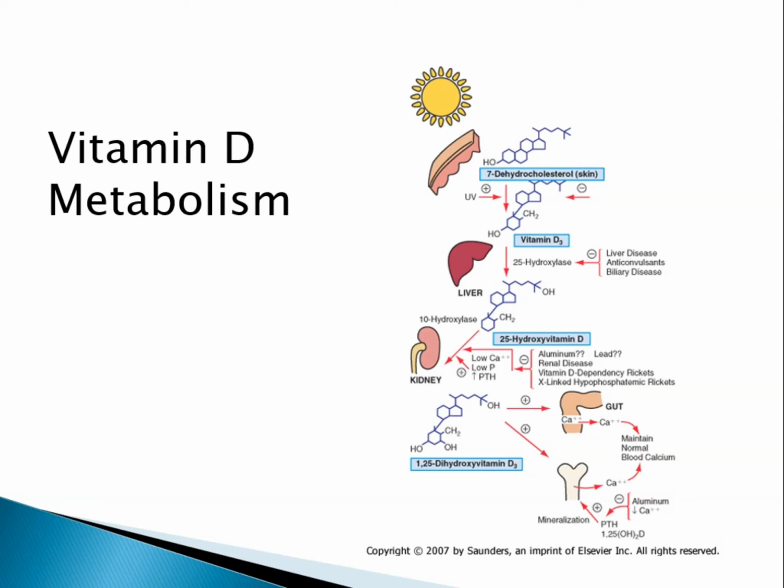metabolized in the liver by the enzyme called 25-hydroxylase, which converts it into 25-hydroxy vitamin D. That again travels to the kidney, where the 1-alpha-hydroxylase enzyme present in the kidney converts 25-hydroxy vitamin D into 1,25-dihydroxy vitamin D3.